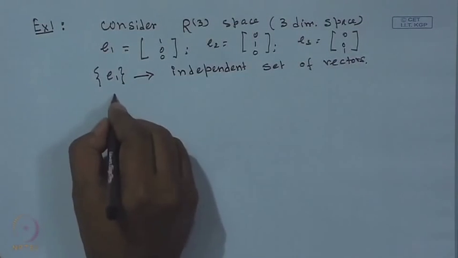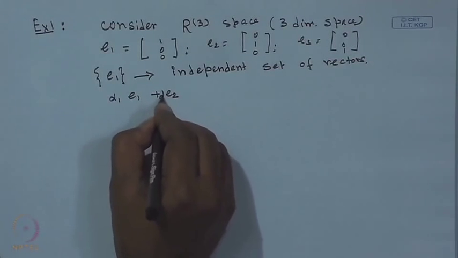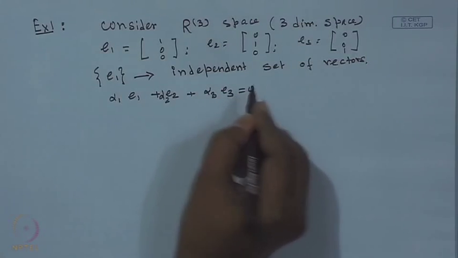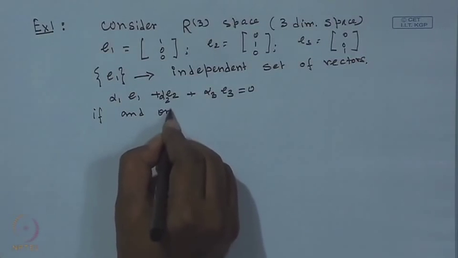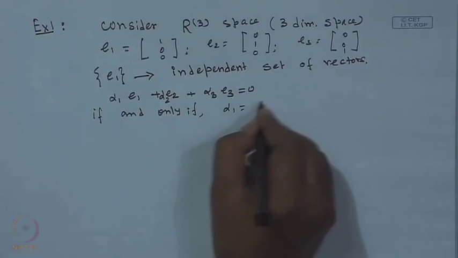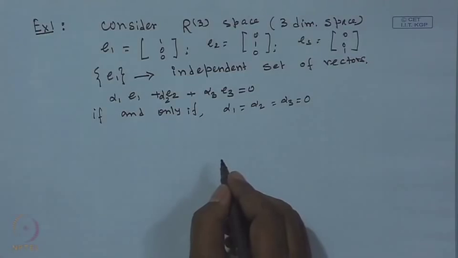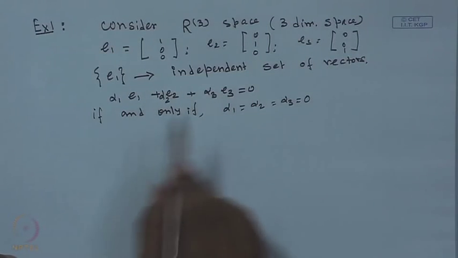So alpha 1 E1 plus alpha 2 E2 plus alpha 3 E3 is equal to 0 if and only if the coefficients alpha 1, alpha 2 and alpha 3 are all identically equal to 0. Therefore, these 3 vectors are called the independent vectors.